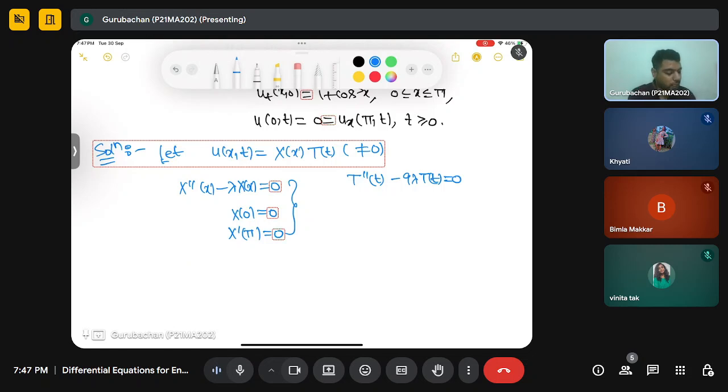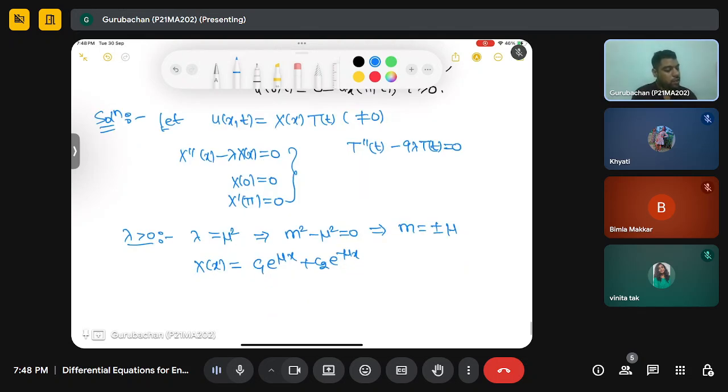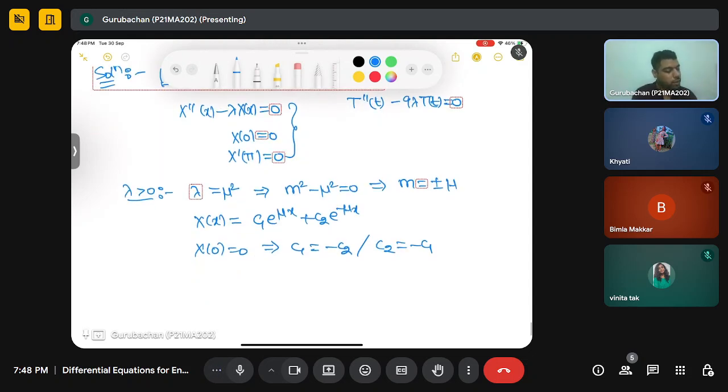So this is our new Sturm-Liouville system. We will again deal with the case lambda greater than 0. That means lambda is some mu square, so m square minus mu square equal to 0 is the auxiliary equation, m equal to plus minus mu, and X(x) will be c1 e to the power mu x plus c2 e to the power minus mu x. From X(0) is 0, c1 equal to minus c2. Next, differentiate and put pi.